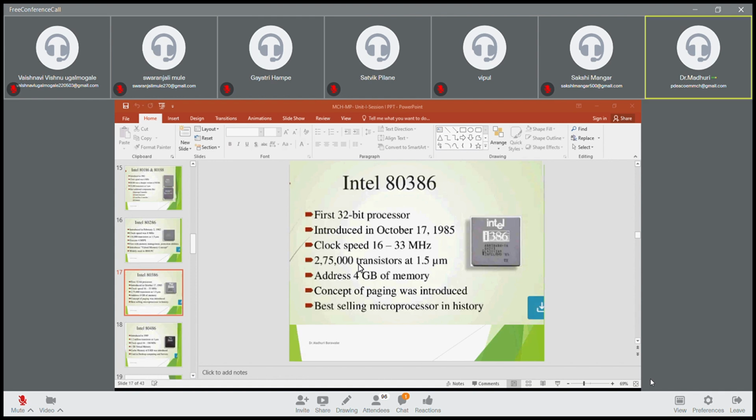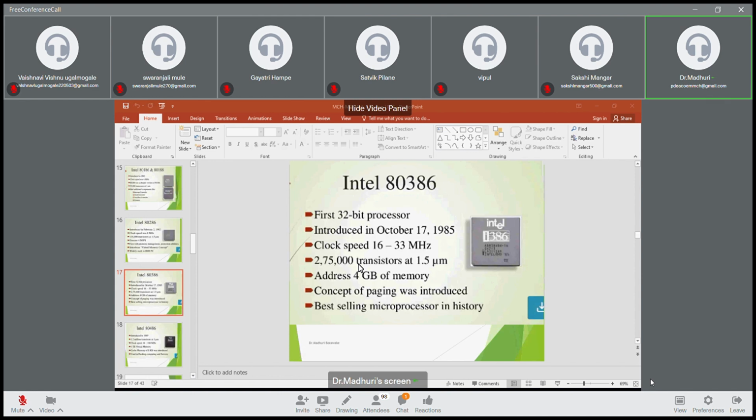This 386 processor has a speed of near about 33 megahertz, a very good speed for the 386 in the old days. Earlier processors, after switching on, took about 10 minutes before a display would come and show the content. But the 386 boots within a minute and shows everything. Here the transistors have increased.